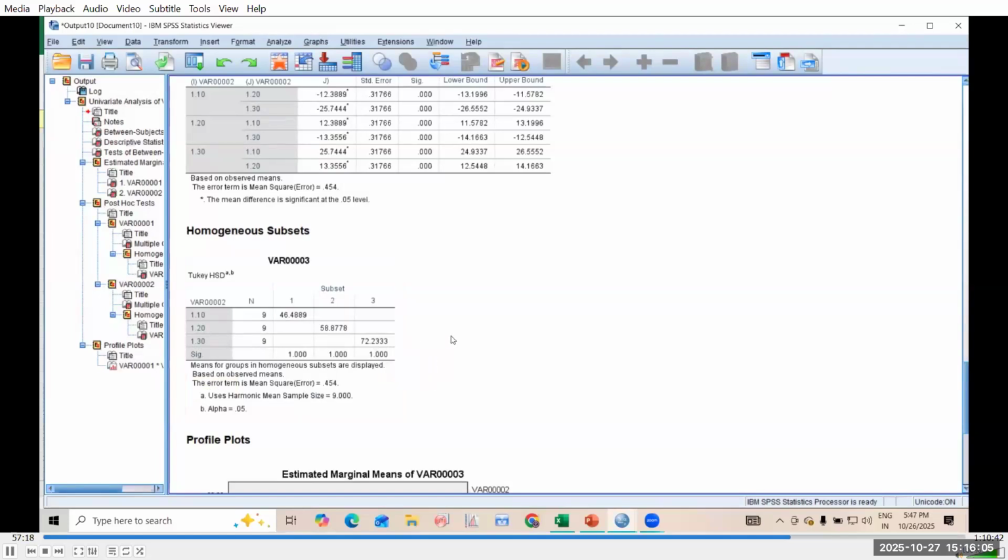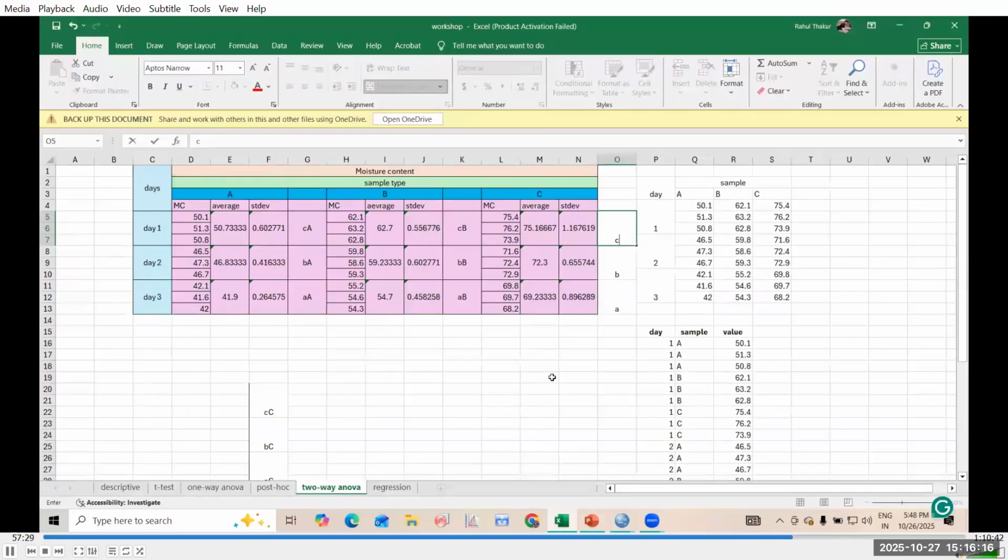As I have already put small a, b, c for variable 1, like number of days, so I'll put capital A, B, C for the sample type.